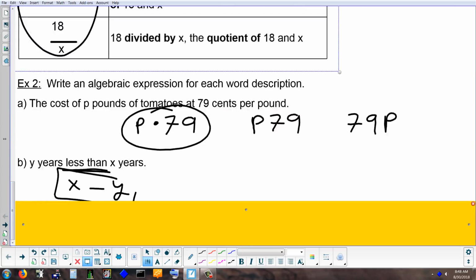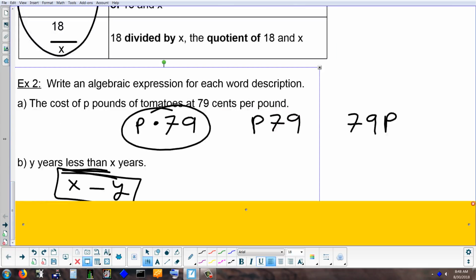Exactly. Like if I said to you, 2 years less than 10. Okay, I know I used that example before, but 2 less than 10 is 8. So 2 less than 10 is 10 minus 2. Order gets switched.